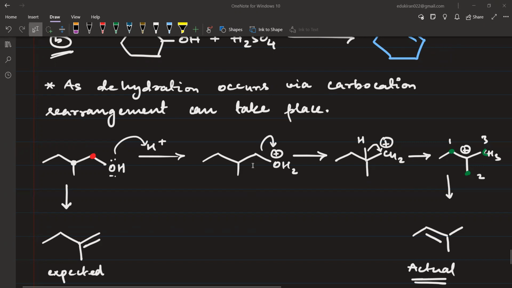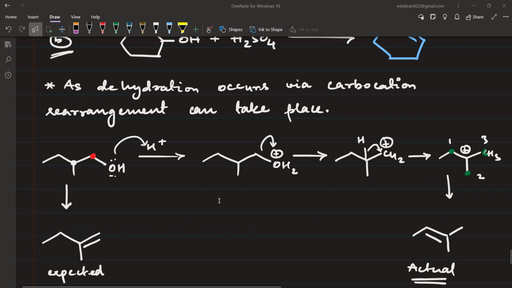This hydride shift, methyl shift, is it new? Yes, sir, it is new. Okay, it will come once in haloalkane. If you don't understand it at that time, then you will tell me. Also, you have to complete haloalkane and haloarene by Thursday. Yes, sir, I'll finish it within 3 to 4 days. Okay, fine. Chaliye.